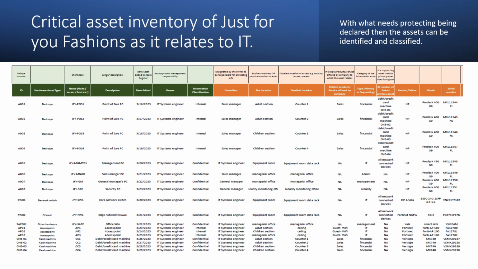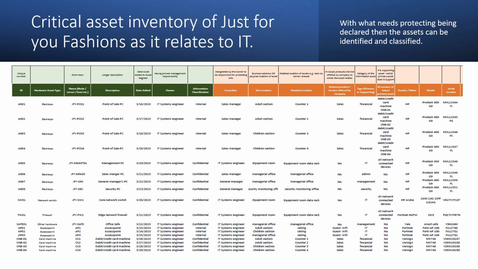So based on the category of devices identified, this is a detailed list of the critical assets. And with Just For You Fashions, there are 4 POS computers along with the credit card machines.